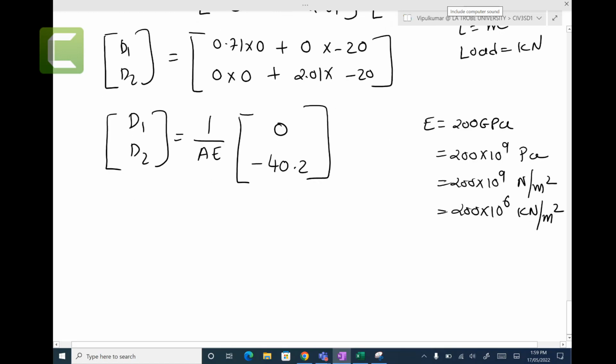So E is good now, it is in kilonewton and meter. Area is given to us in millimeters. Area is equal to 300 millimeter square. So 300 divided by 1000, again 1000 to get in meter square.